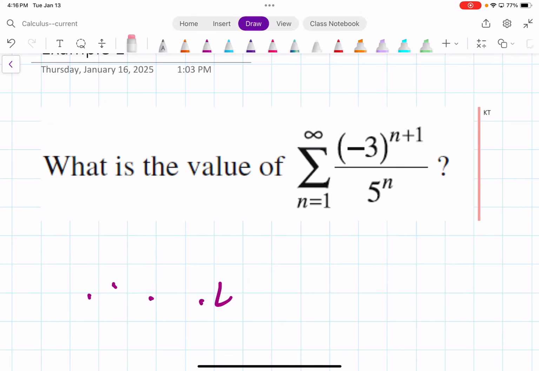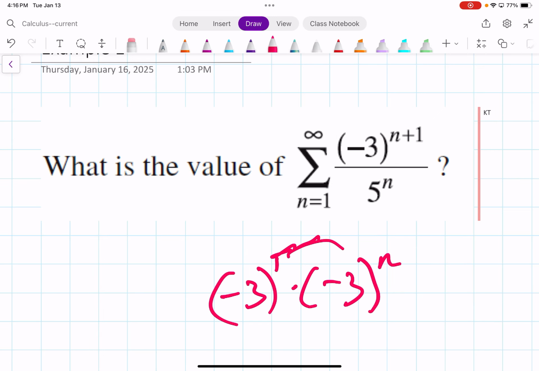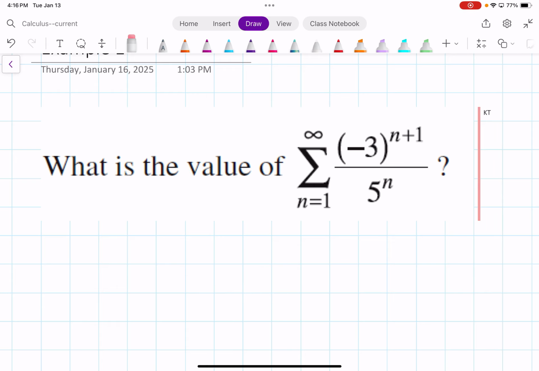So when I'm looking at this exponent here of n plus 1, notice that that would be -3 to the first times -3 to the n, wouldn't it be? Because if the base is the same, I'd add the exponents, and wouldn't that give me an n plus 1? Now by writing it that way, it should help me think about how to combine that together to make sense of this. So this is an infinite geometric. Work together. What's the sum?